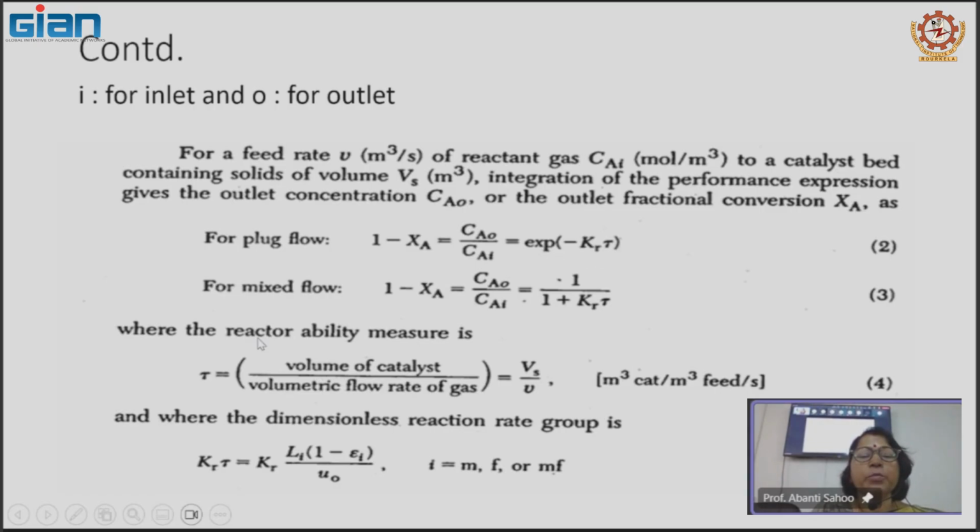For mixed flow reactors, 1 minus XA equals CAO by CAI equals 1 by 1 plus Kr tau.